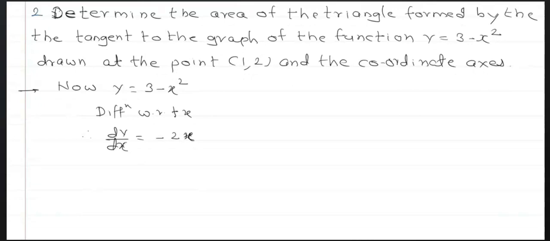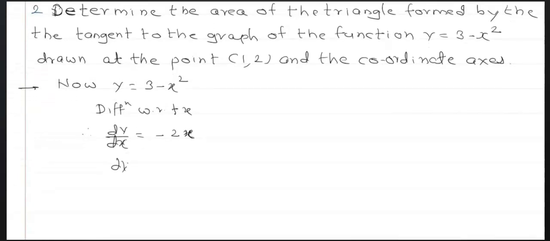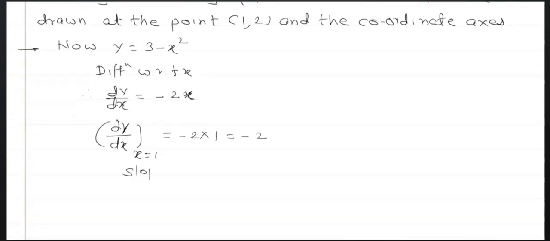Differentiate this with respect to x. Therefore, dy by dx is equal to the derivative of 3, which is 0, and of x square, which is minus 2x. Its derivative at x = 1 is minus 2 into 1, that is equal to minus 2. This is the slope of the tangent to the curve at (1, 2).